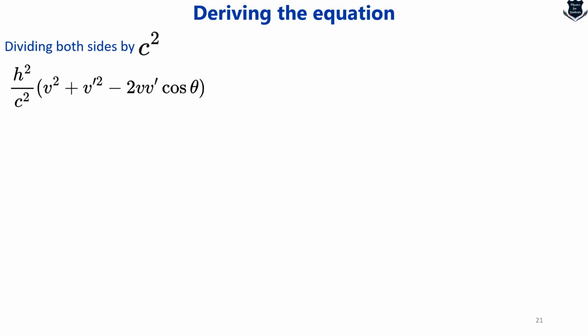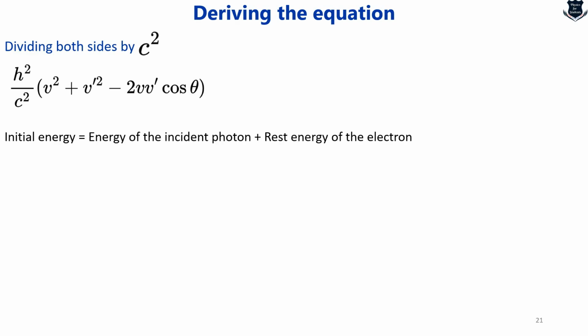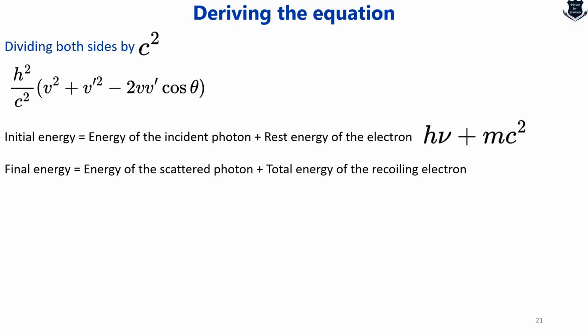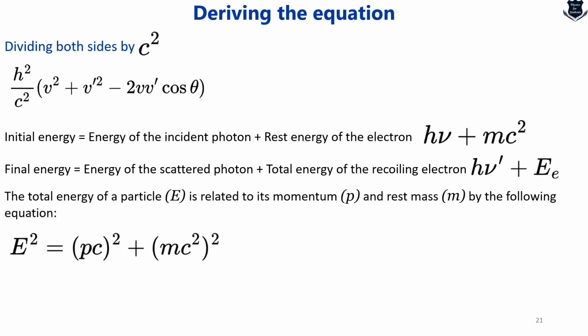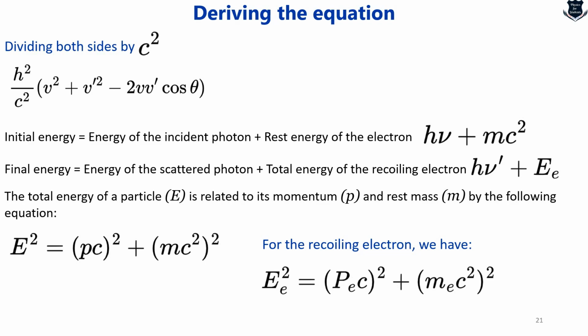Now we know that the initial energy equals the energy of the incident photon plus the rest energy of the electron. The final energy is the energy of the scattered photon, h nu prime, plus the total energy of the recoiling electron, EE. The total energy of a particle, E, as related to momentum and rest mass, is like this, so for the recoiling electron we have this.